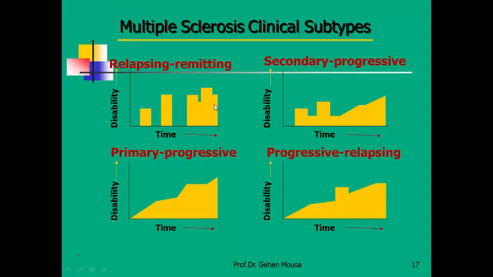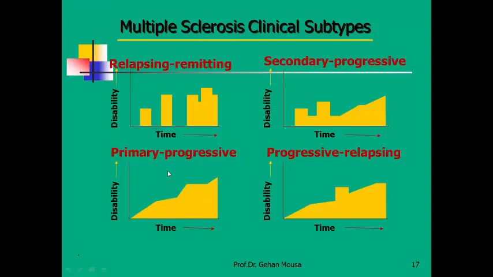The third and fourth attacks occur without fixed timing between them, and this is called relapsing remitting. In secondary progressive, we can observe that the attacks occur with increasing disability, and this is called the secondary progressive course or type.